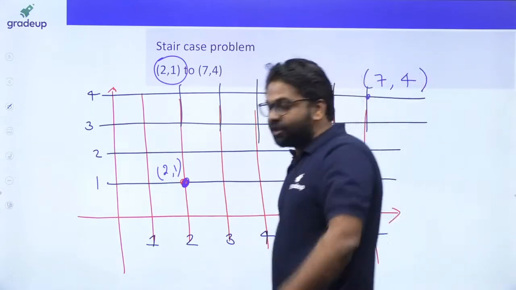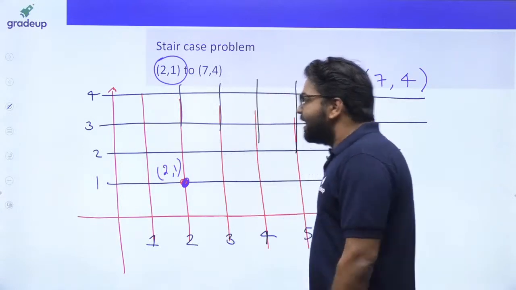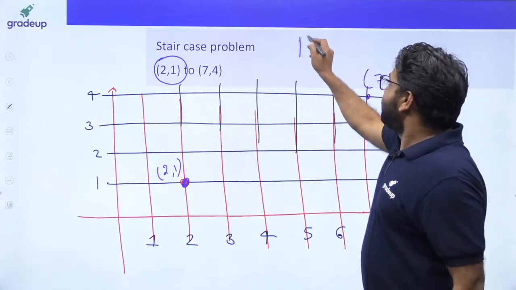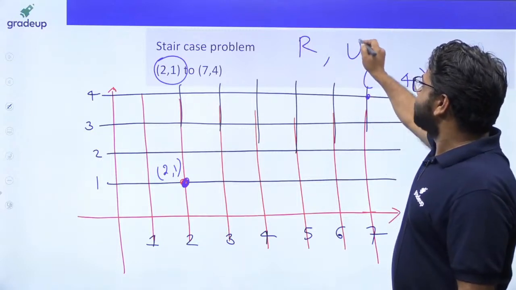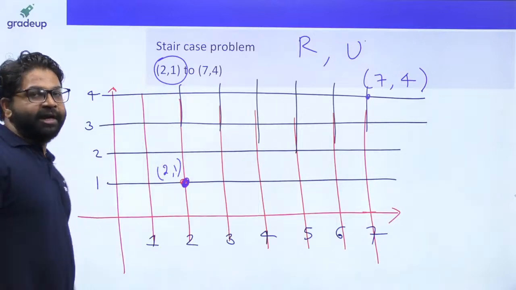Now there is one condition. You can consider this as a game. The condition is that the robot can only take 2 possibilities: either it can go right, or it can go up.